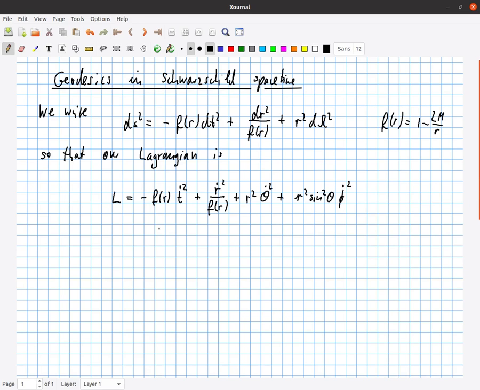And our little reminder here is that L is minus 1 if we are interested in studying massive particles, and L is 0 if we are studying the motion of a massless particle.